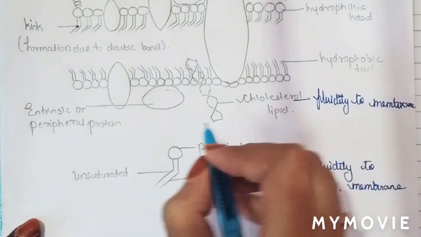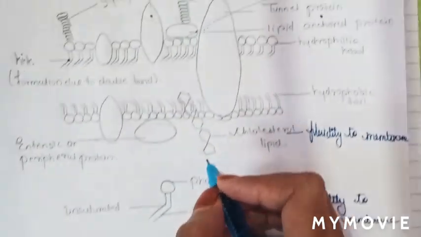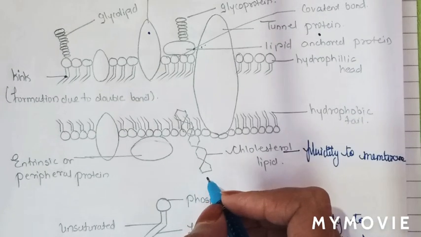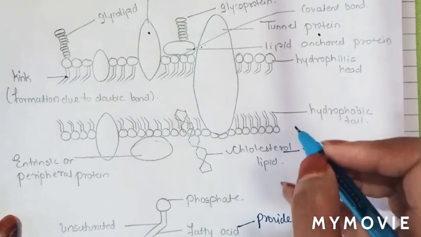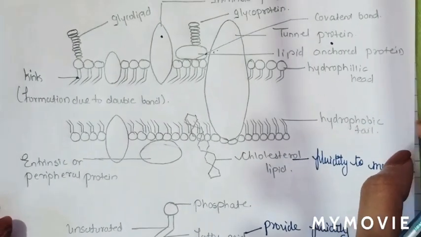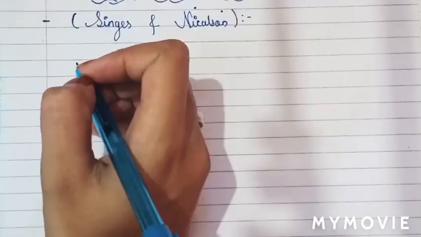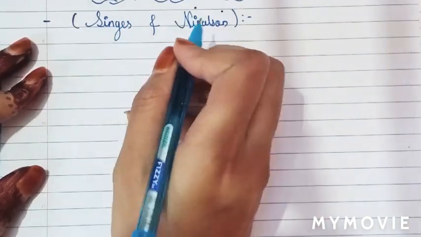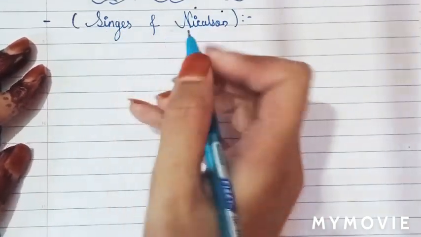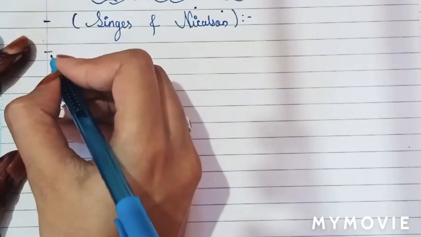This was the structure of the fluid mosaic model given by Singer and Nicolson. Now we will see the description of this model. As we know, this fluid mosaic model is given by these two scientists, Singer and Nicolson. Now we will write the description.